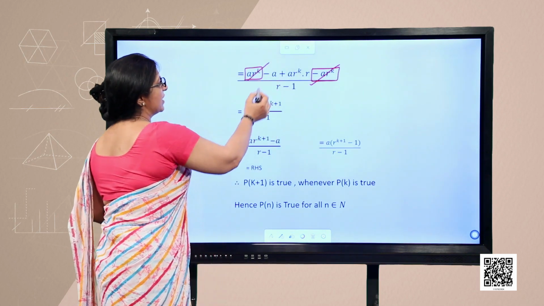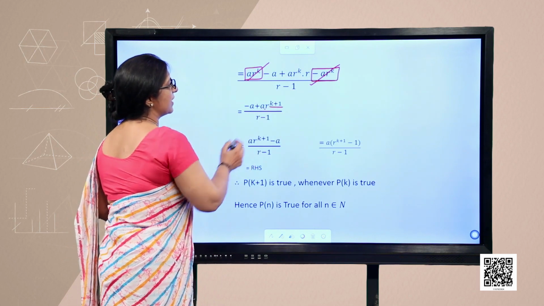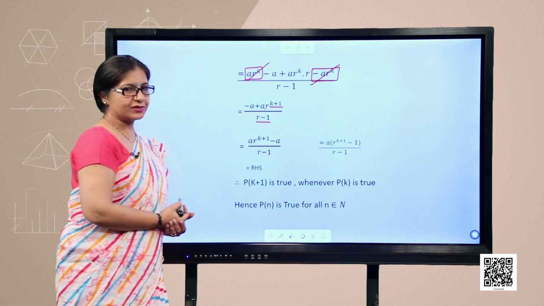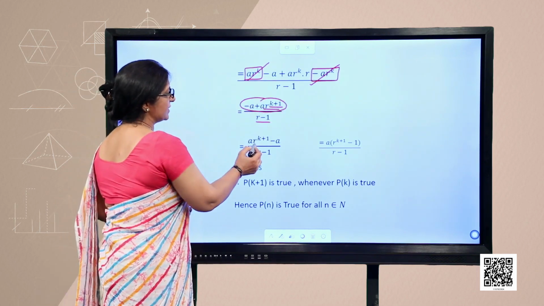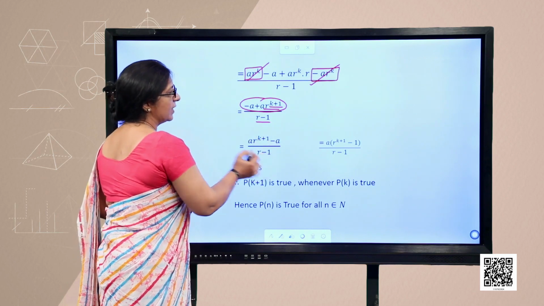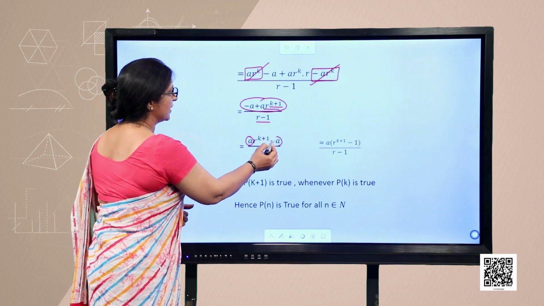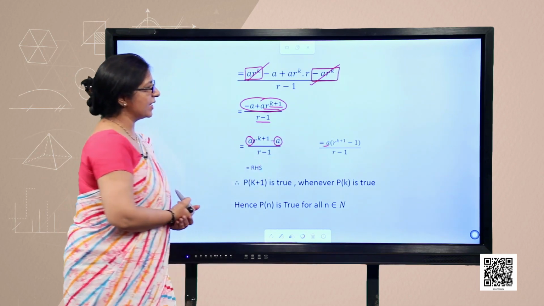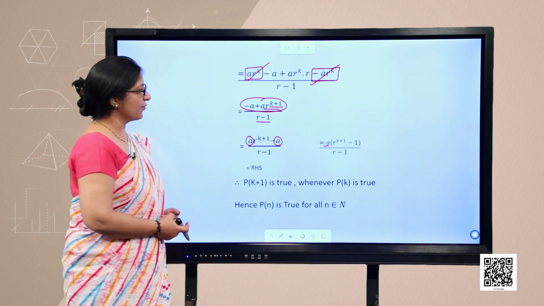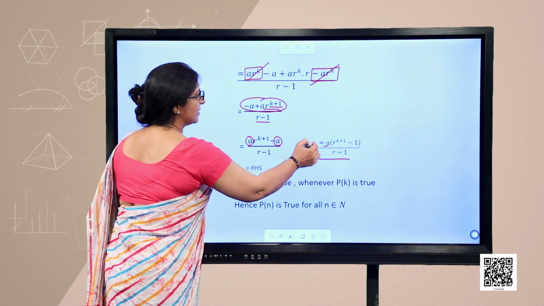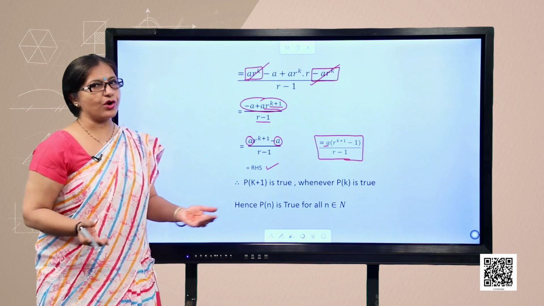What are we left with? We are left with minus a plus a into r power k plus 1 divided by r minus 1. We can rearrange these terms, writing the positive term first and then minus a. Now in this expression we can take a common in the numerator. After taking a common, we are left with r to power k plus 1 minus 1, and this is nothing but the right hand side of Pk plus 1, which we wanted to prove.